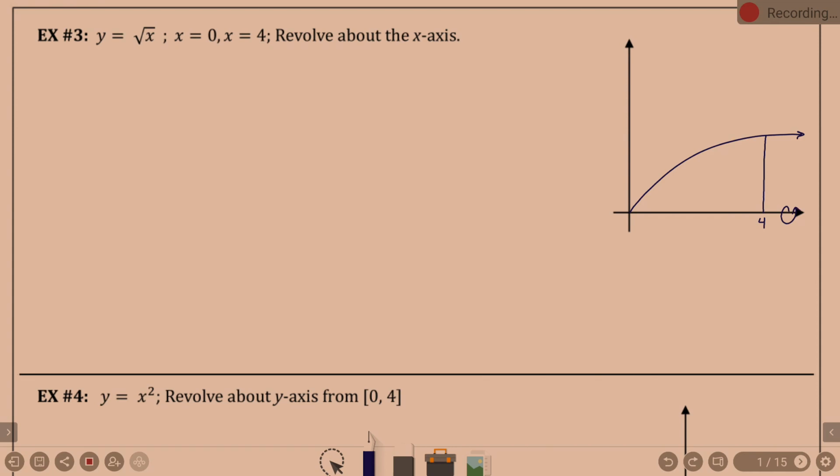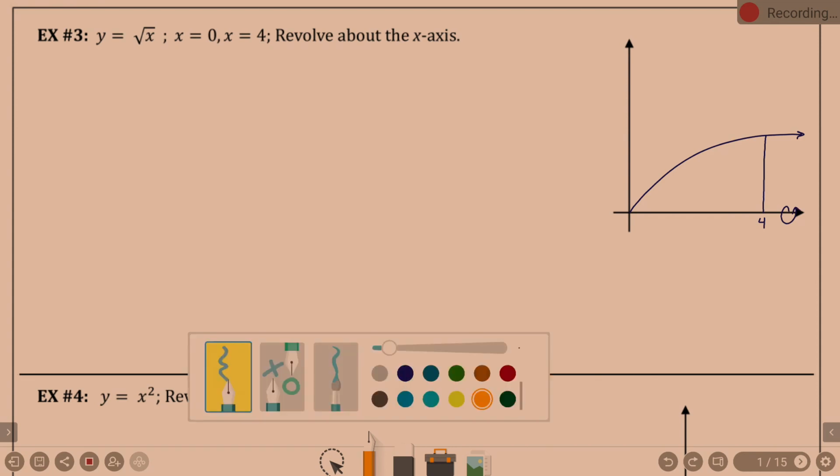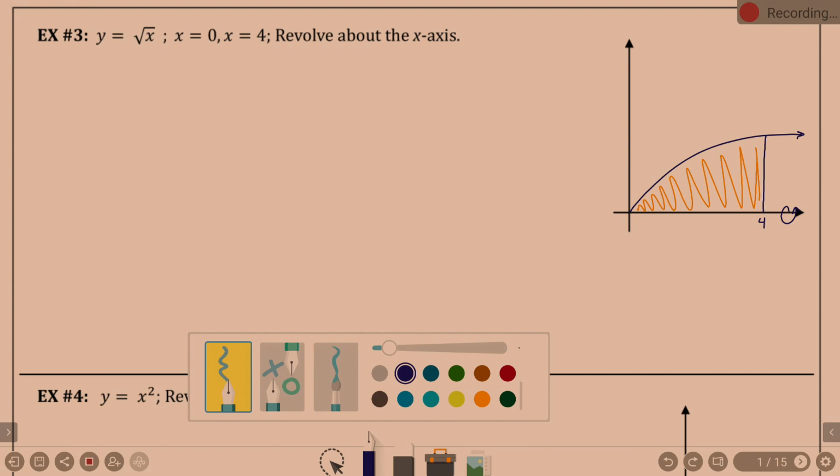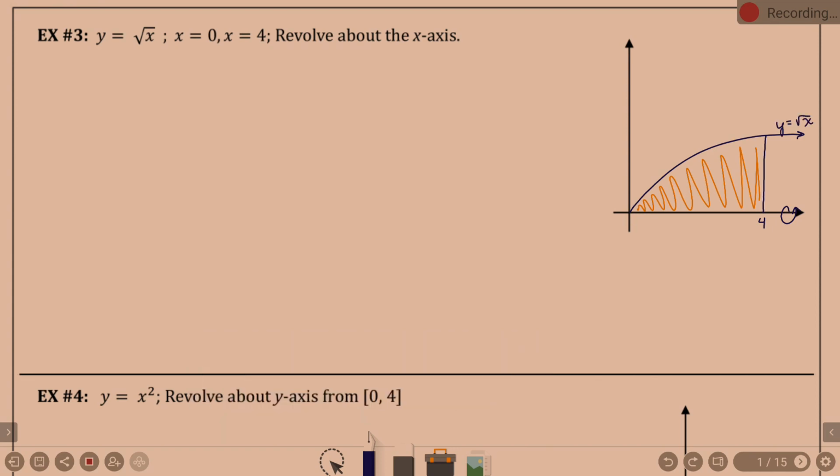Okay, and we are revolving about the x-axis. So you see the area we're talking about, right? We're talking about this piece here, revolving about the x-axis. I think of it kind of like a dome, almost like a semi-sphere, but it's going to go farther.